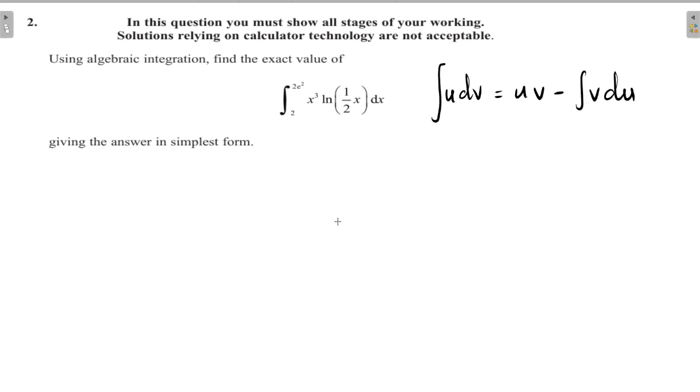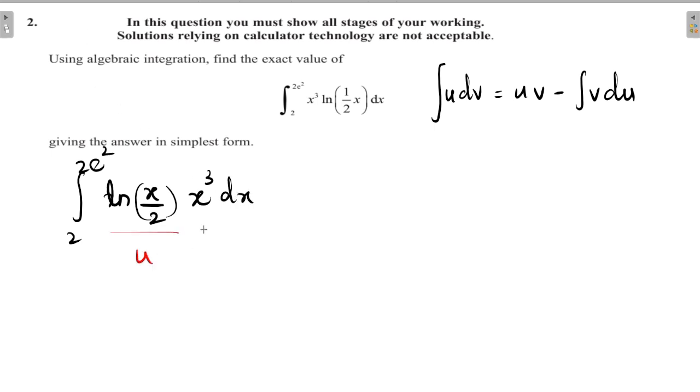So consider one of the functions. This given integral function we are going to rewrite as integral 2 to 2 e square ln x by 2 into x cube dx. So consider this is u and this is dv.